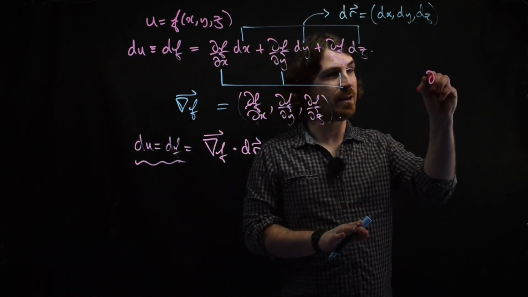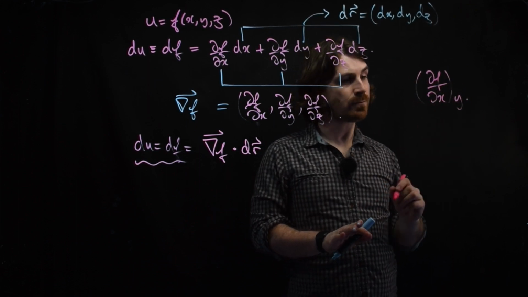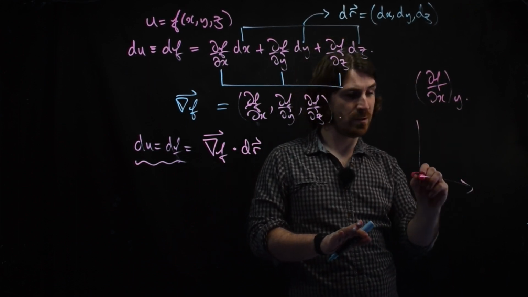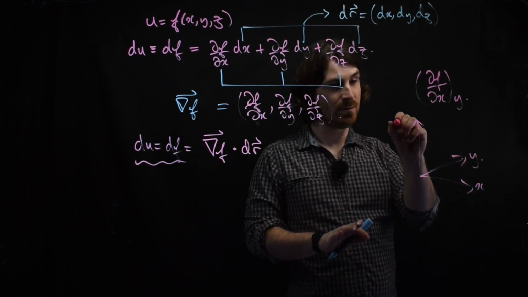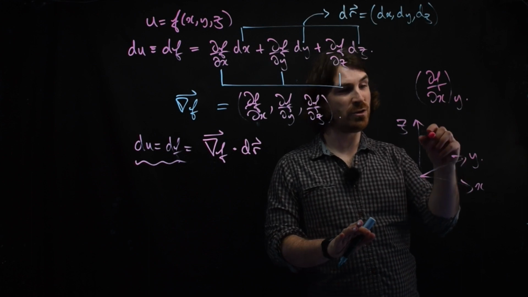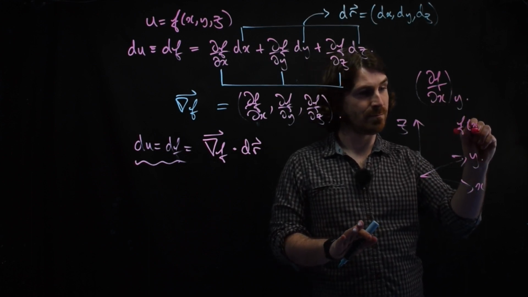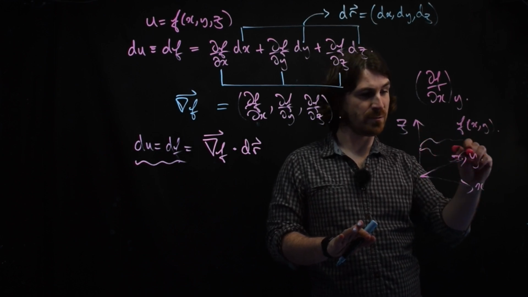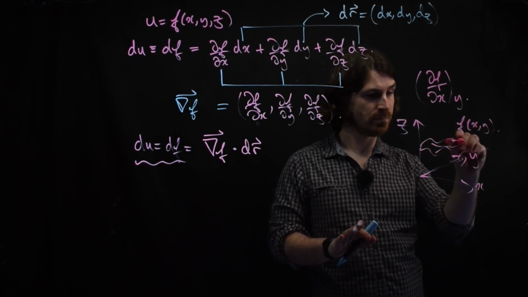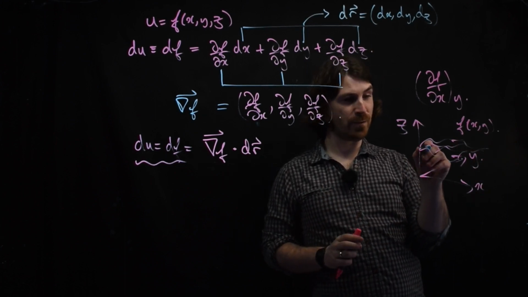So we had df by dx at constant y. If we have a function of two variables, this is given by a surface, then we saw what the change in the function was.